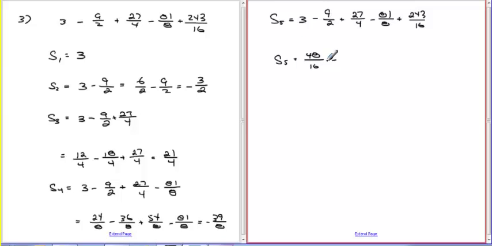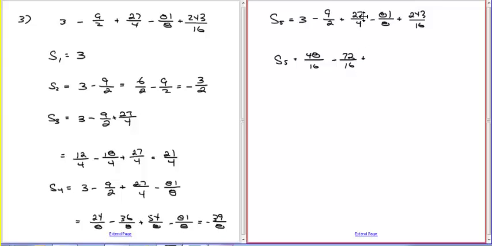Multiply 8. Is that right? 72 sixteenths. If you do those two, 48 minus 72 is negative 24. Just going to double check.